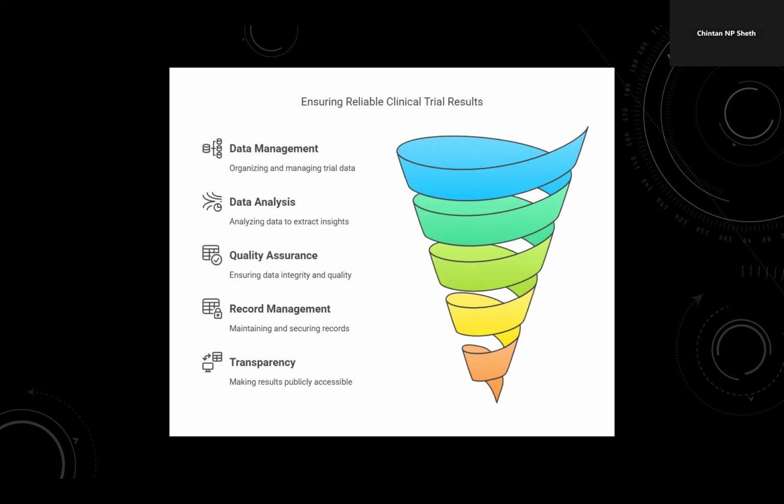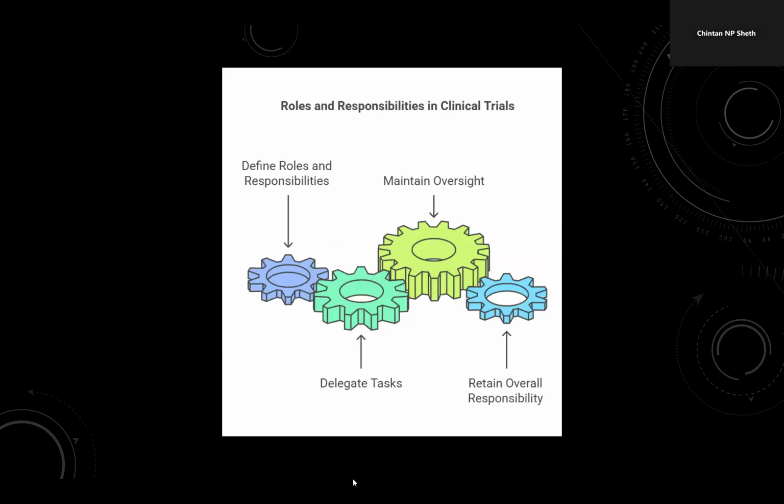That being said, the 10th principle talks about the roles and responsibilities in clinical trials. This principle ensures that the roles and responsibilities should be clear and documented appropriately. The sponsor may transfer or the investigator may delegate the task, duty, or functions, but they retain the overall responsibility for their respective activities.